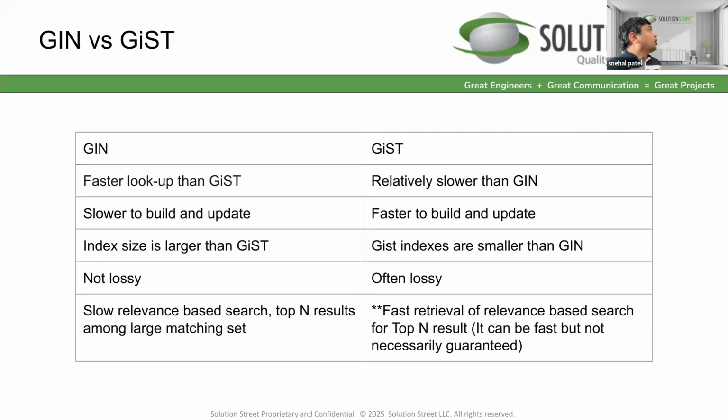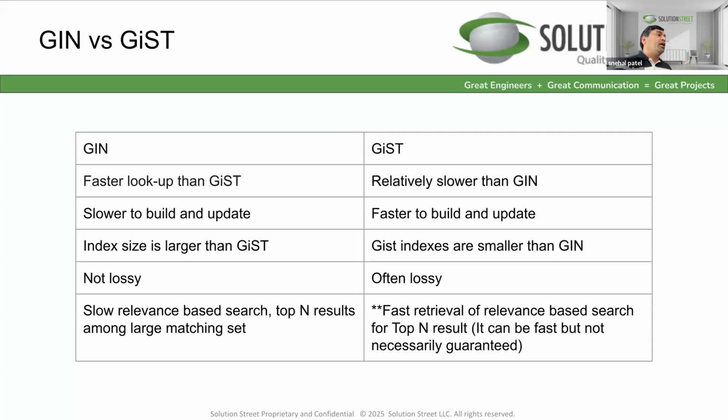Now, comparison between GIN versus GiST. GIN is generally faster compared to GiST, but GIN is larger in size compared to GiST. As you can see, in case of GiST, only a portion of the document goes to the index. GiST is lossy because of the hashing algorithm.